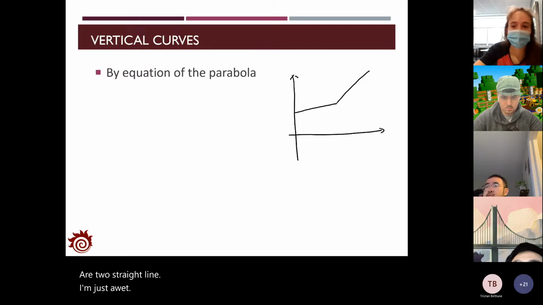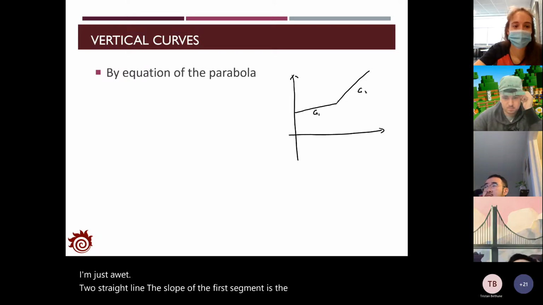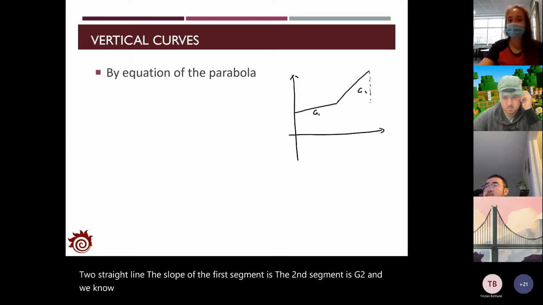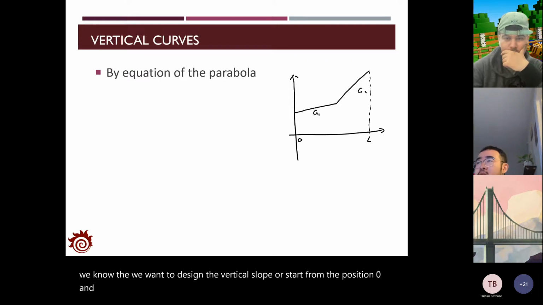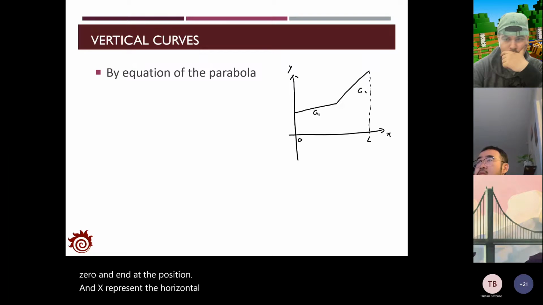Two straight lines. The slope of the first segment is G1. The second segment is G2. And we want to design the vertical curve starting from position 0 and ending at position L, and X represents the horizontal distance, Y represents the elevation or the vertical distance.